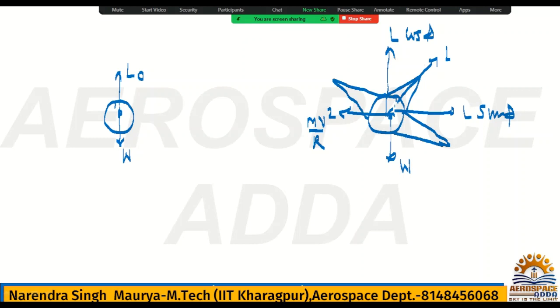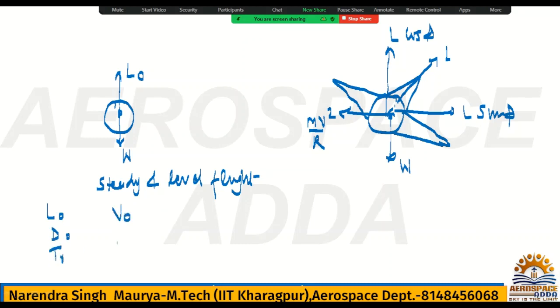But I told you one thing. When the aircraft is at steady state, this is the steady state condition, steady and level flight. I explained lift will be L naught, drag will be D naught, thrust will be T naught, velocity will be V naught, power required will be P naught.